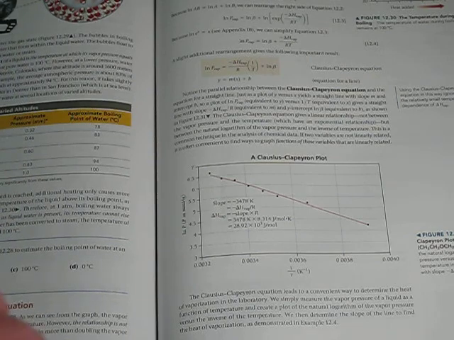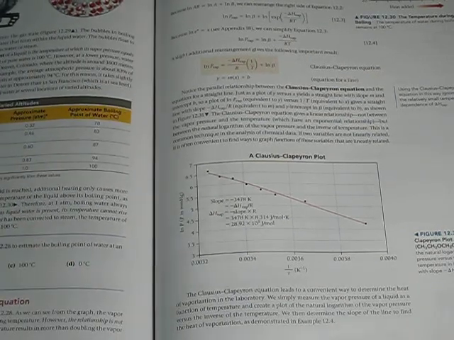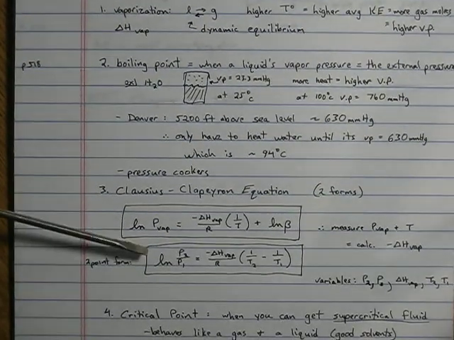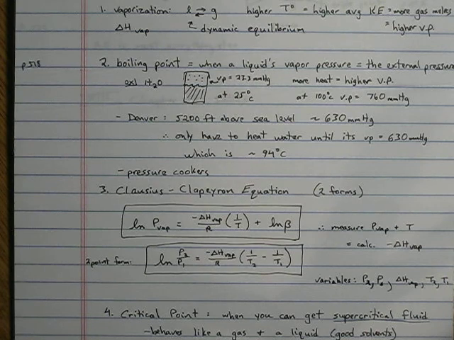Another useful equation for Clausius-Clapeyron is this one right here, where if you had a gas at a certain pressure and a certain temperature, and you said, okay, I want to increase the temperature, I wonder what the new pressure of this gas will be.